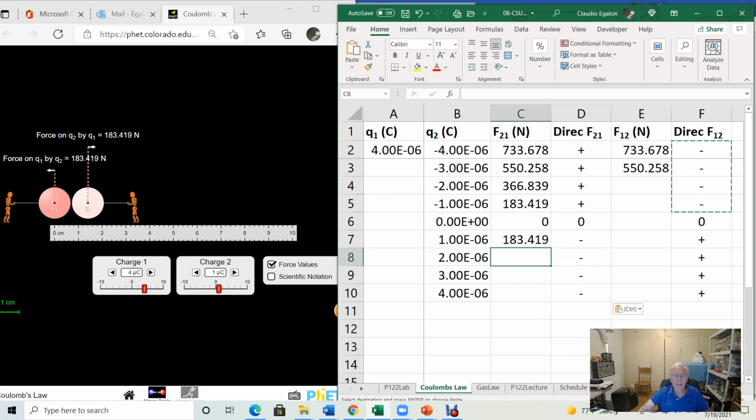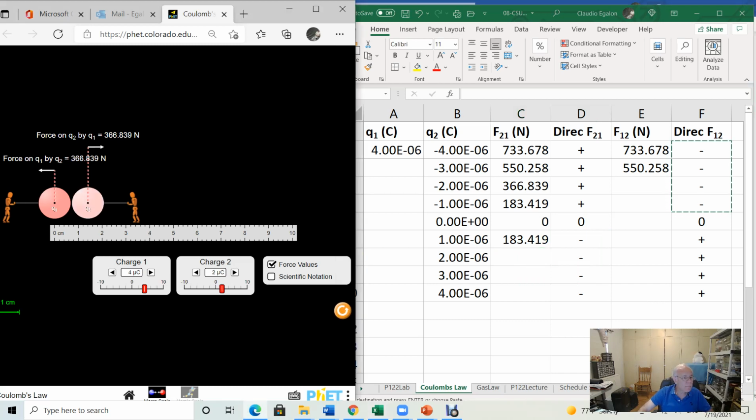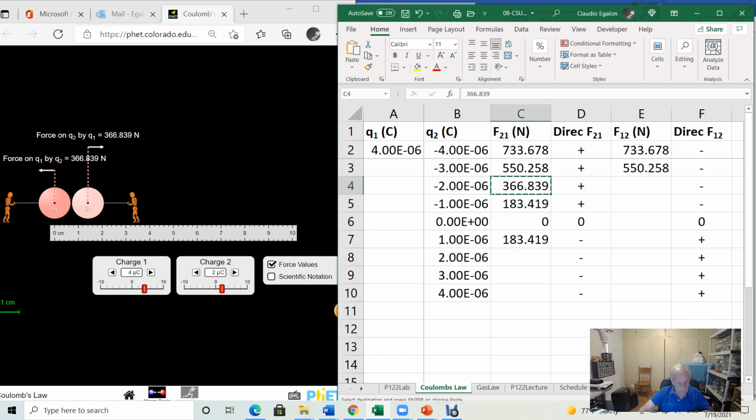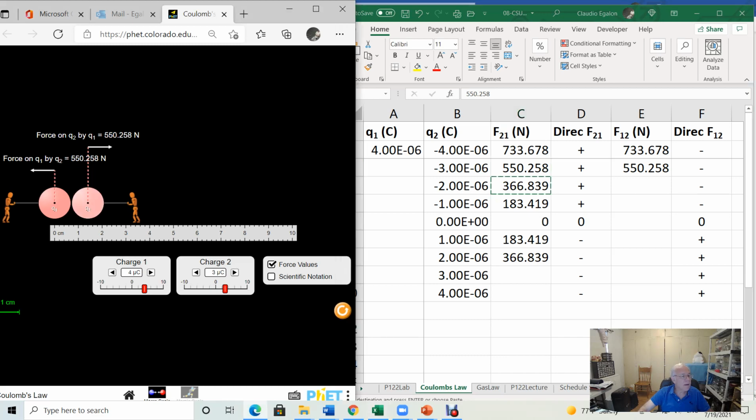And now I already know that for Q2 it's going to be the same magnitude. Yeah, 366,839, right? 366,839. The next one should be 550.58.